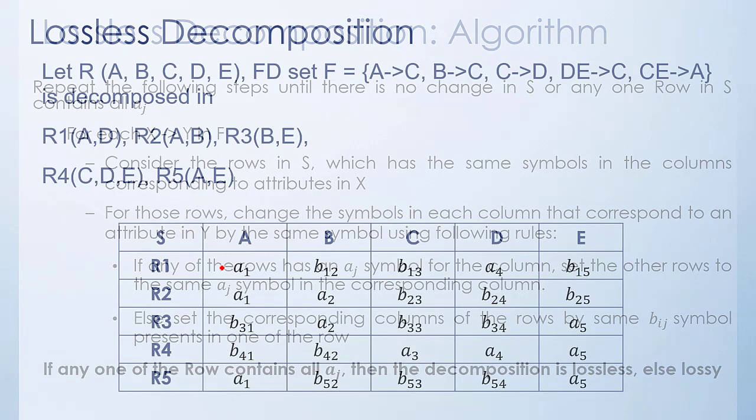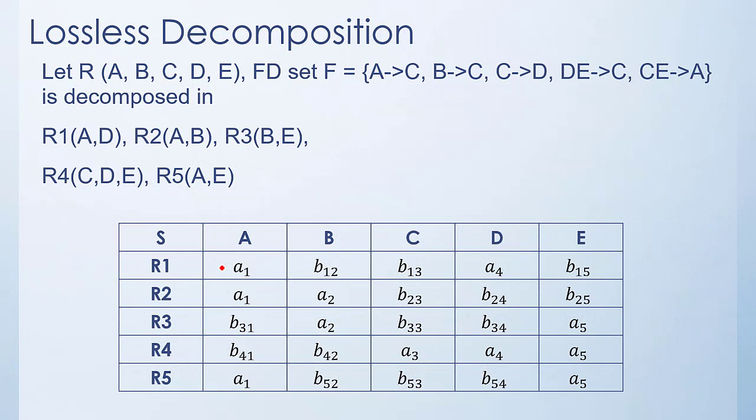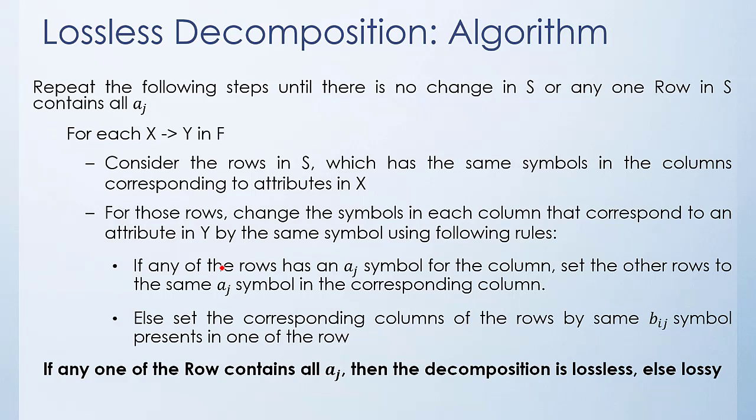Now in the next stage, we are going to replace the symbols, either the A symbols or the B symbols in the S matrix, by a suitable symbol. How we determine which symbol is suitable is discussed in the next part of the algorithm.